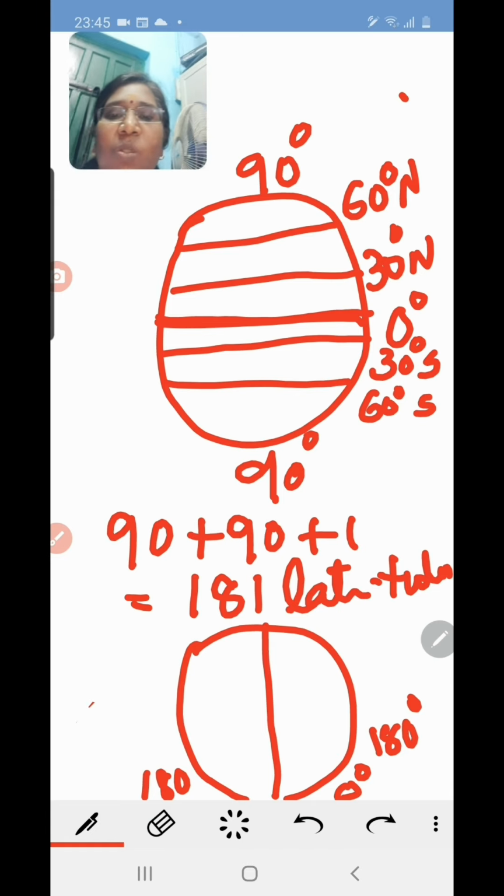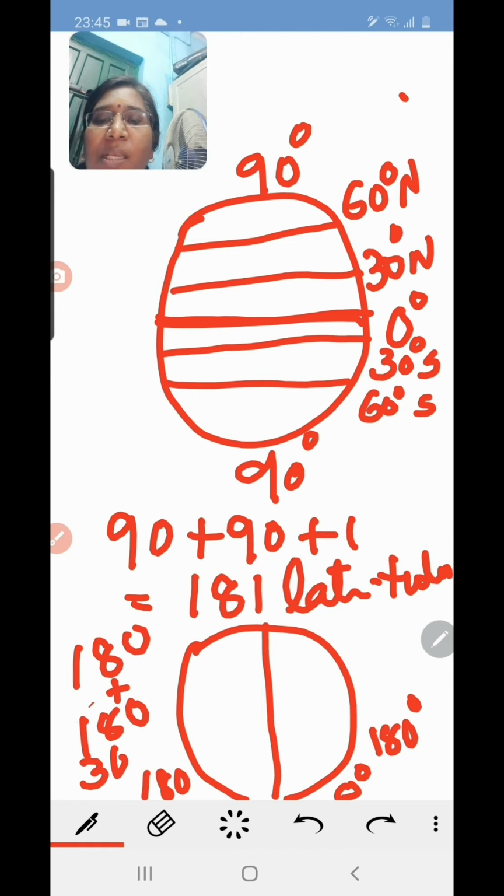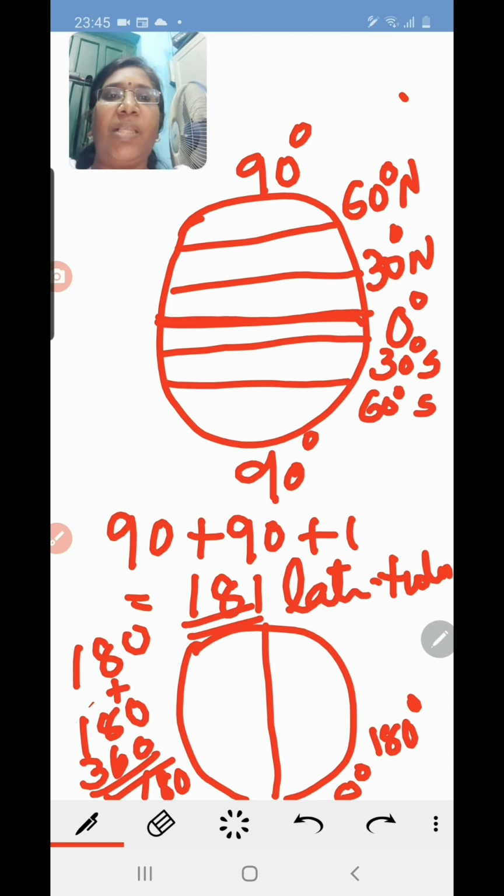So 180 plus 180, there are 360 longitudes, and 181 latitudes and 360 longitudes.